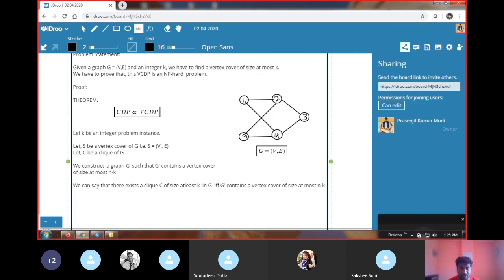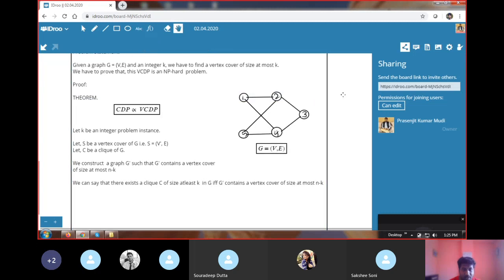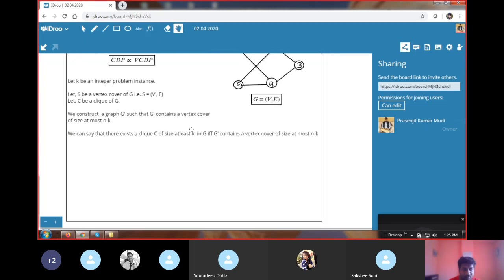So we can say that there exists a clique C of size at least k in G if and only if G dash contains a vertex cover of size at most n minus k. So this is our claim.